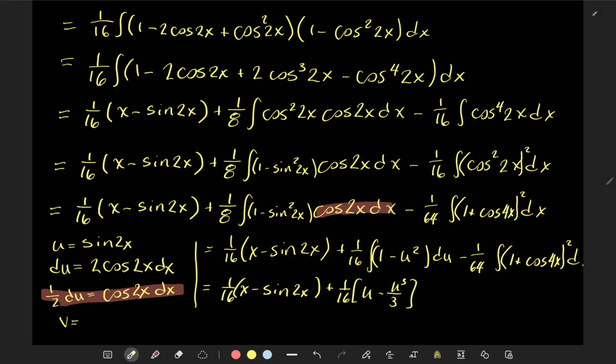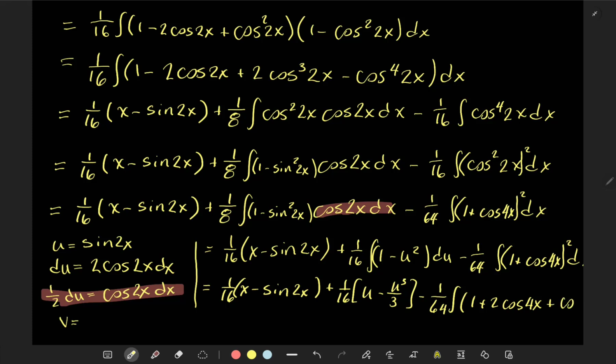So I'm going to be able to combine some of these. I think they're going to cancel a few of them, so minus 1/64th. And I am going to FOIL this one out. So it's going to be 1 plus 2 cosine of 4x, and then plus the cosine squared.